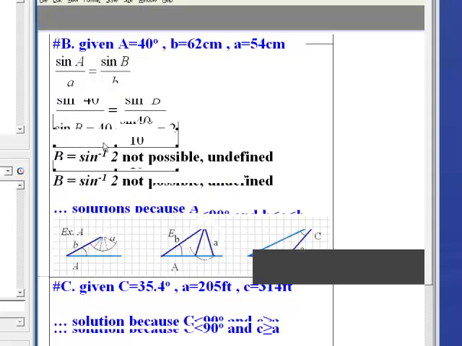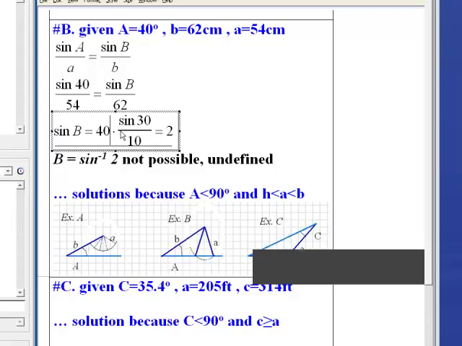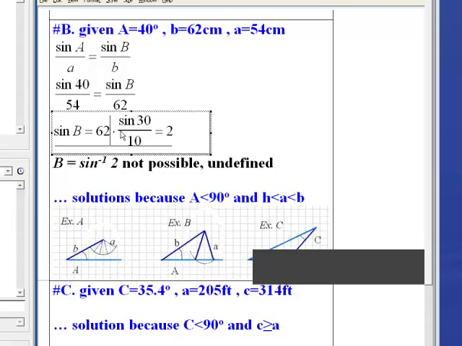We do the algebra on these, 62 sine 40 degrees, and then we divide by 54, and we'll see what we come up with.